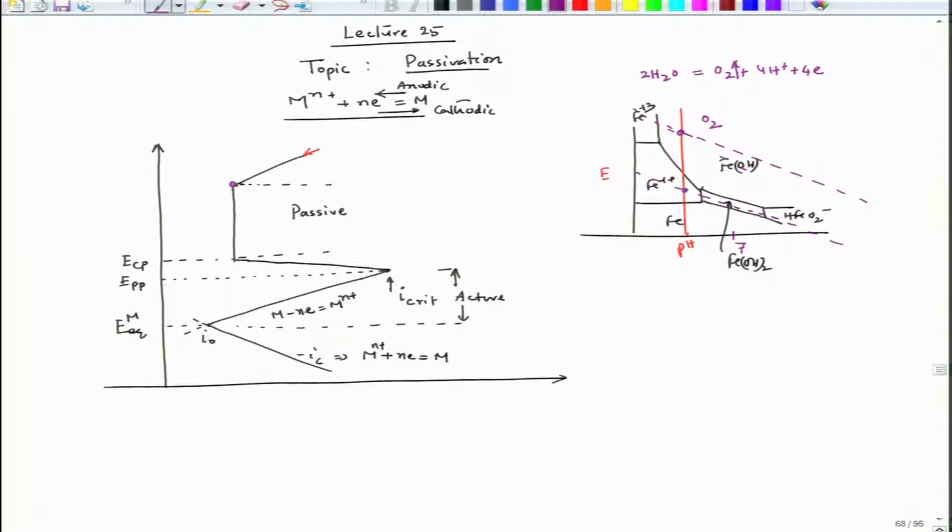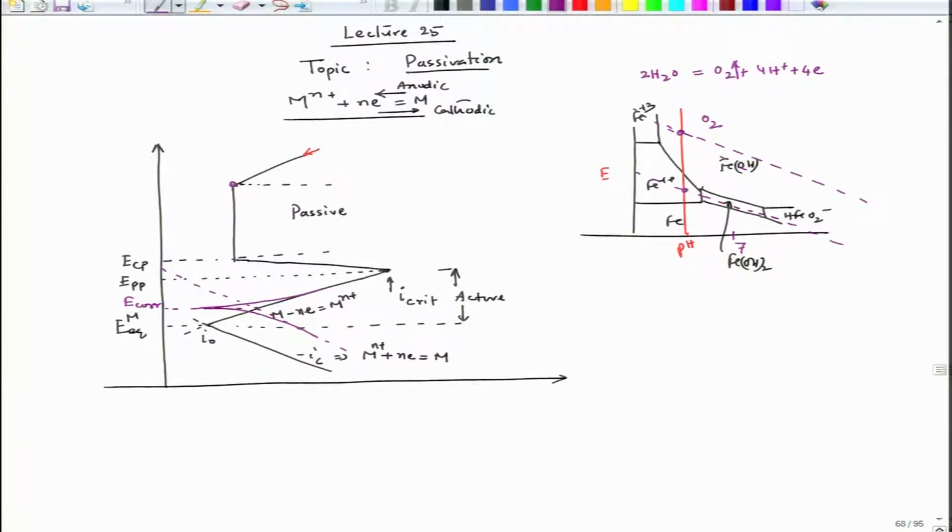So, there could be another plot corresponding to this. So, this is nothing but E corrosion, and then we can have a corrosion plot like this. So, we have understood that.